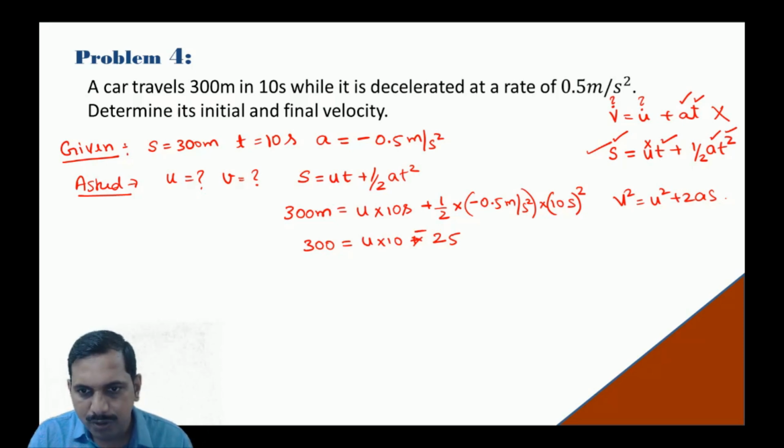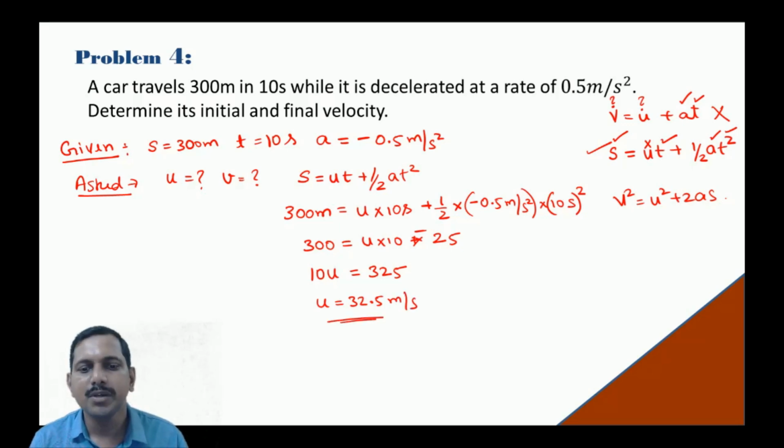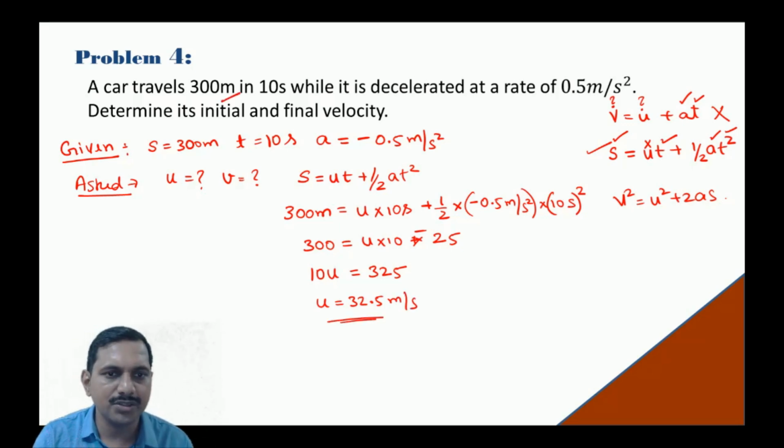Half of 0.5 is 0.25, into 100, which is 10 squared, will give you this. So you get 10u = 300 + 25 = 325, and u we will get as 32.5 meters per second. Do you understand this, students? So we have found the initial velocity.